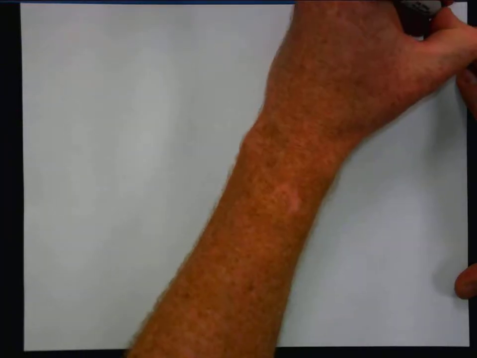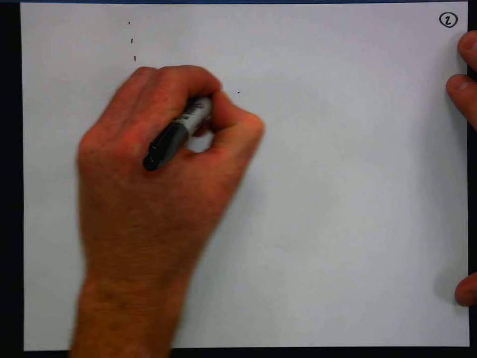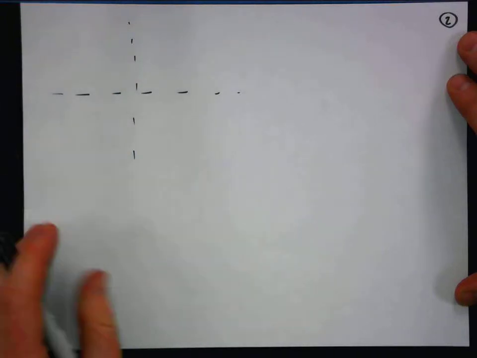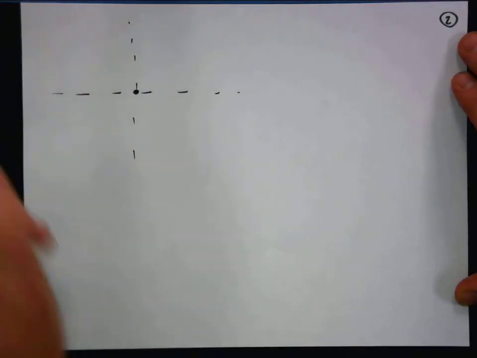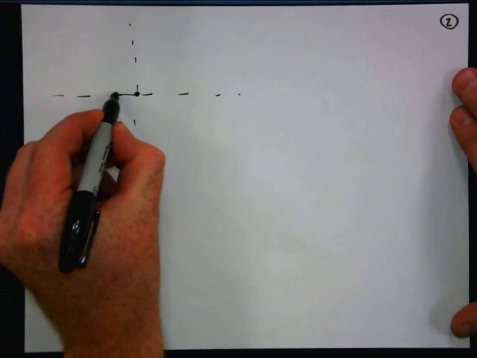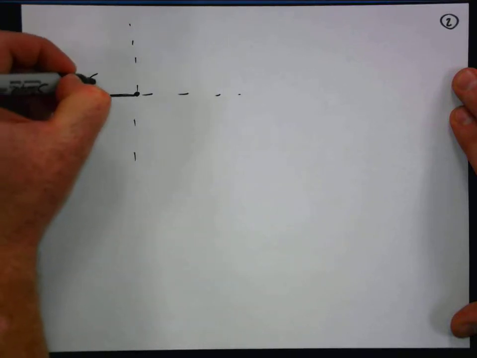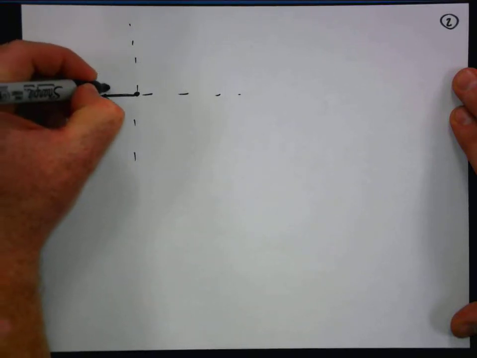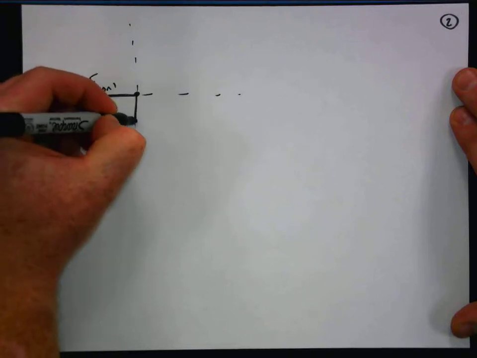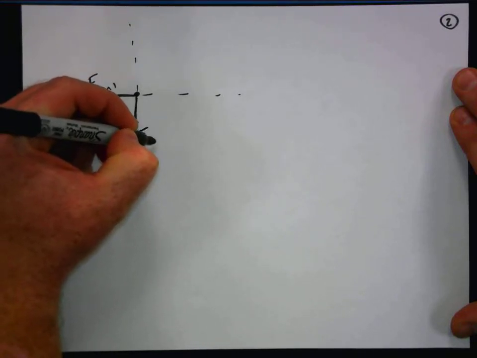Free body diagram time. Couple simple axes. There's charge number 1, and I know that I have a force this direction from charge 3 acting on charge 1. I also know I have a force this direction from charge 2 acting on 1.